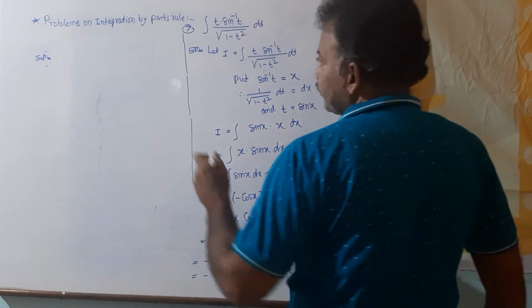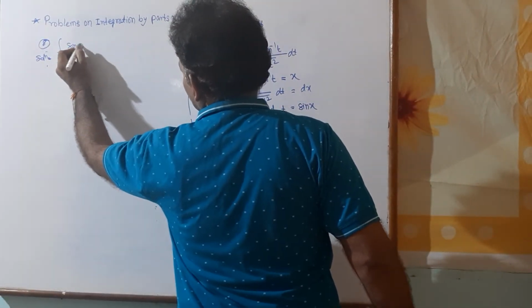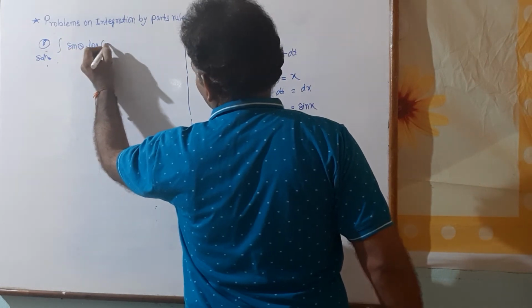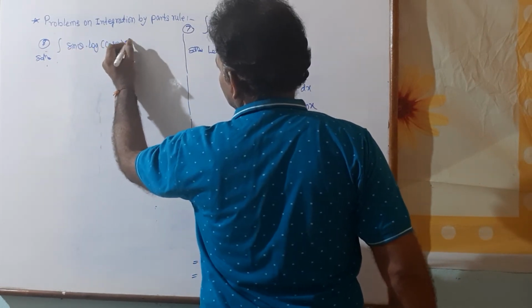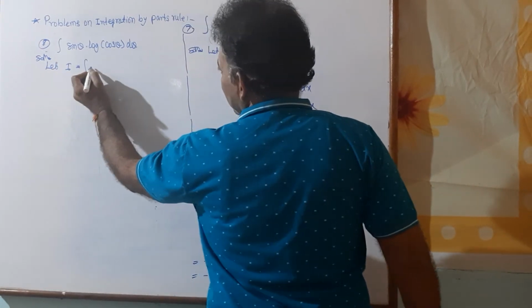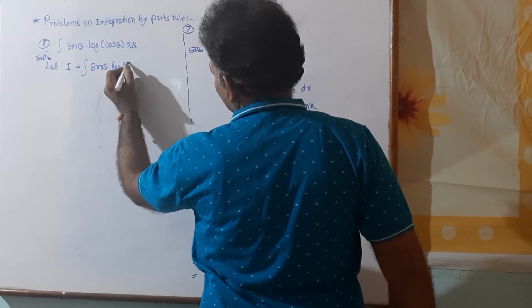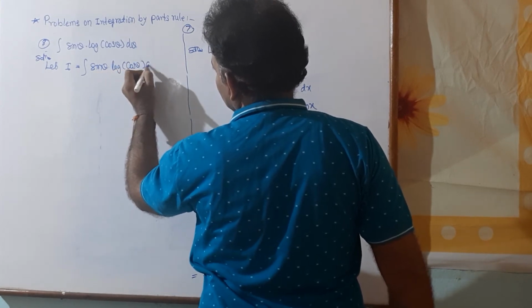Eighth, evaluate the integral of sin theta into log of cos theta d theta. So let I equal the integral of sin theta into log of cos theta d theta.